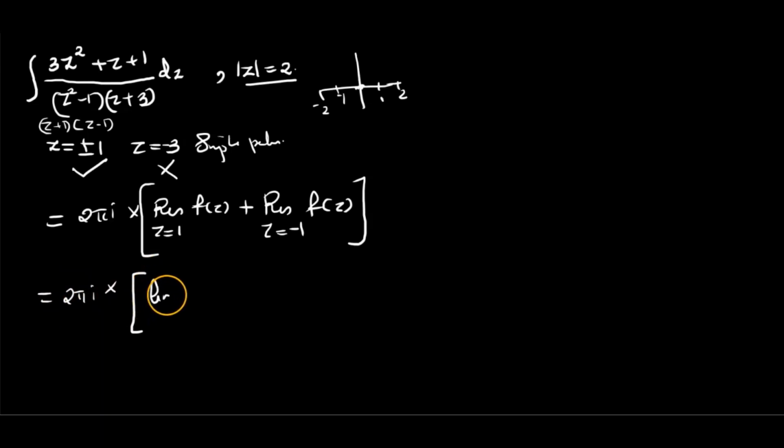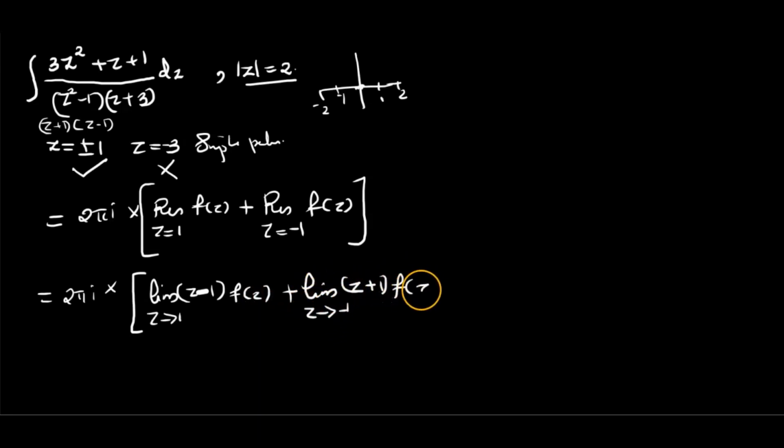These are simple poles, so the limit is z tends to 1, (z minus 1) into f of z, plus limit z tends to minus 1, (z plus 1) into f of z.